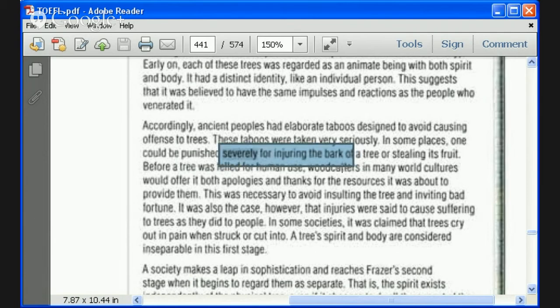Actually, let's see. Punish severely for being late. Punish cruelly for being late. Punish harshly for being late. That may not work, but you can try substituting different words, nouns for nouns or verbs for verbs.